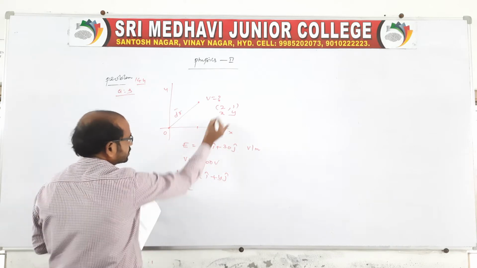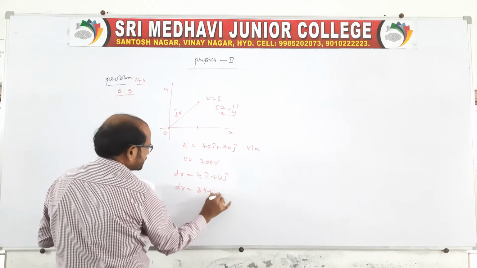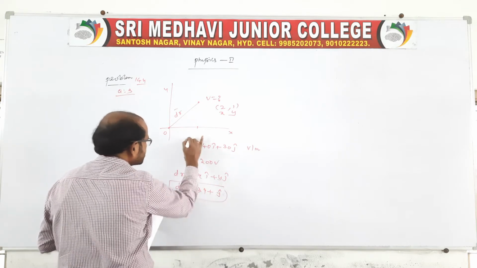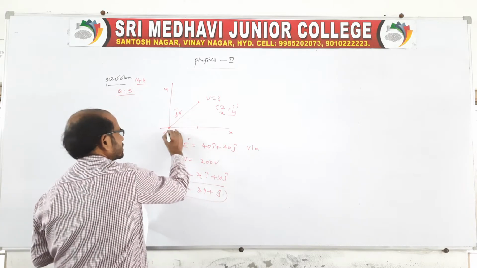So dr is 2 i cap plus j cap. E is there, and the electric potential between these 2 points O and P is asked.